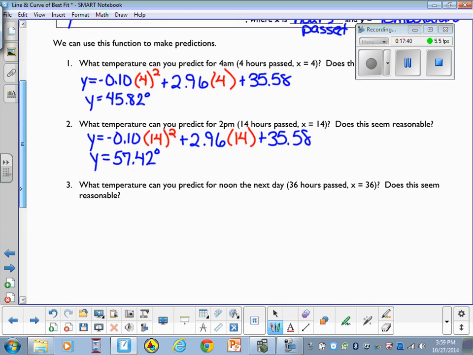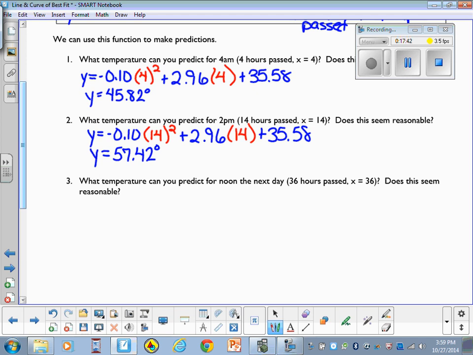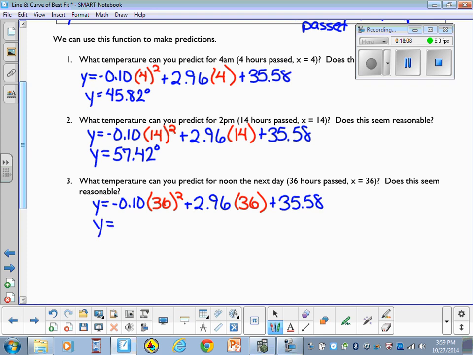What temperature can you predict for noon the next day? So if it's 36 hours after midnight and I put in 36, let's see what we get.